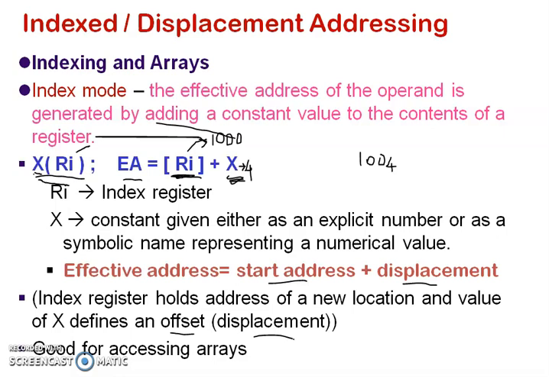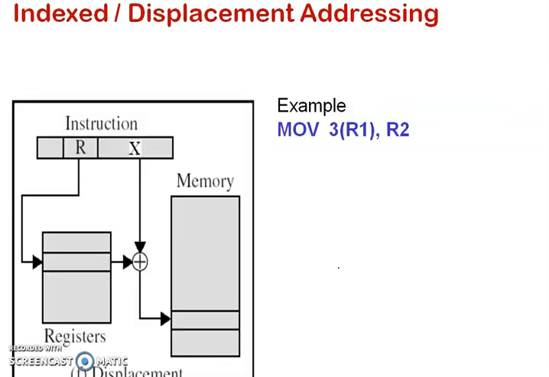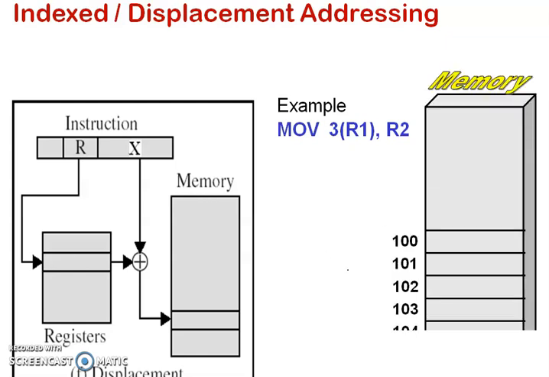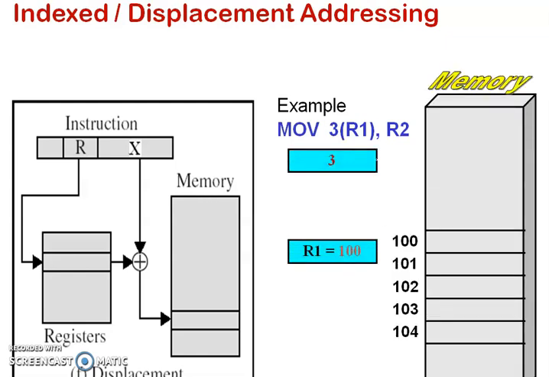The main purpose of using this indexed addressing mode will be to access the elements from an array. This also we can represent with an example. The instruction is having a register and x, some offset is also being given.